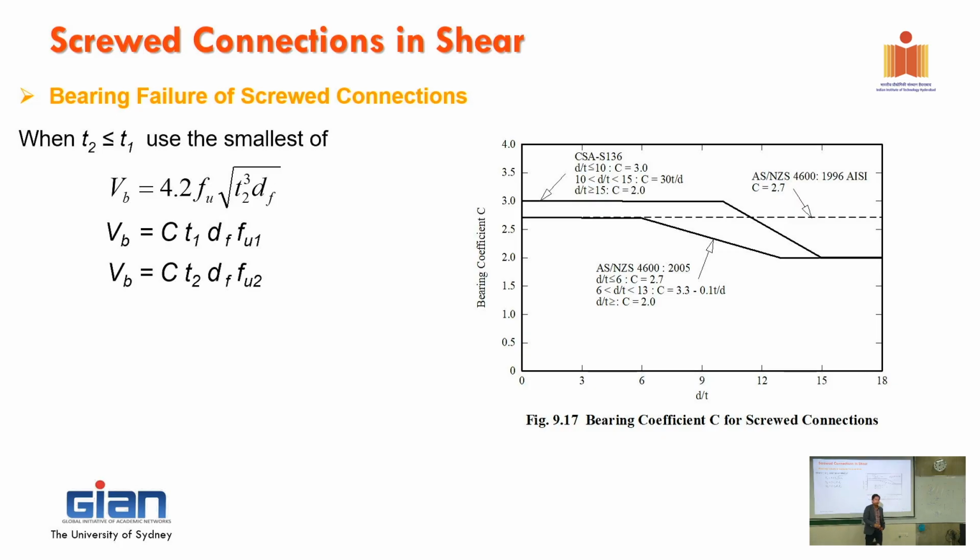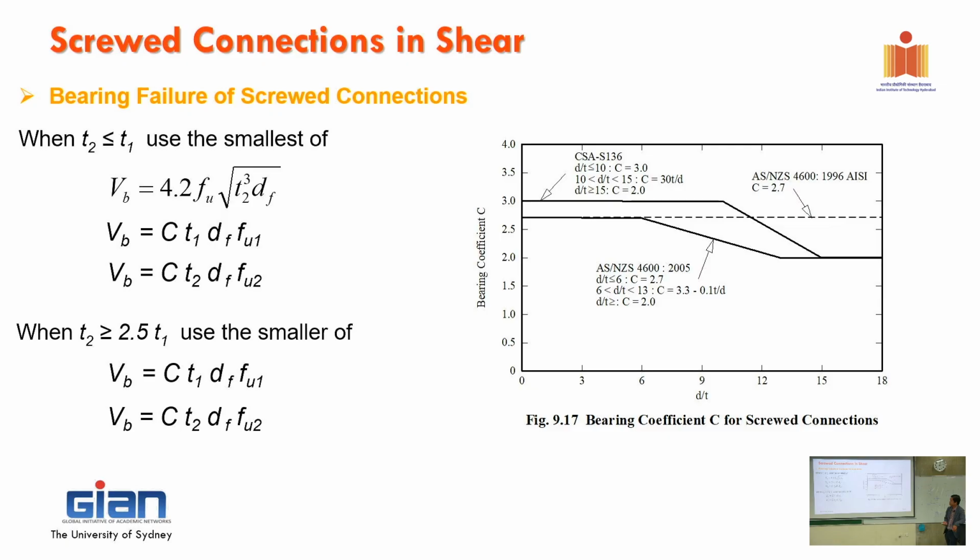You see that slightly different with bolted connection, depending on C and on T1, T2, and those ones. So the C factor, you can look it up in the table in the standard, showing you, depending on the thickness and ratio of different thickness, exactly the case that you need to work out.